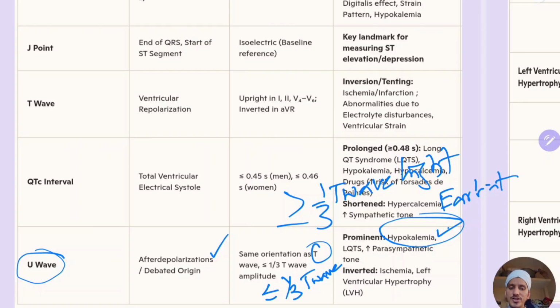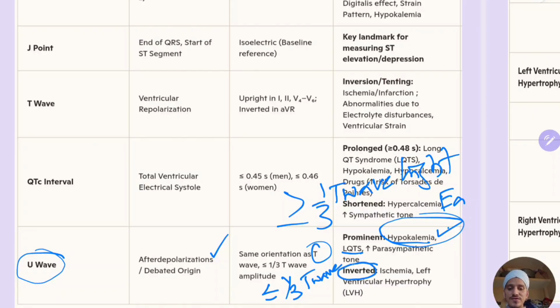It is a marker of hypokalemia and long QT syndrome. Just remember this signifies prolonged repolarization. So where repolarization is prolonged, you will have prominent U waves, like in hypokalemia and long QT syndrome.